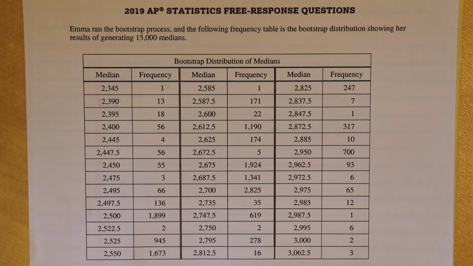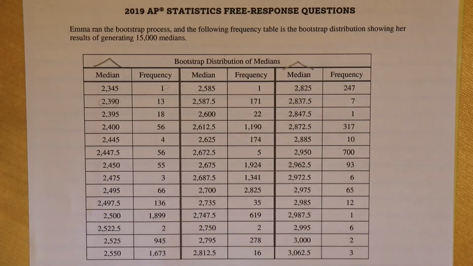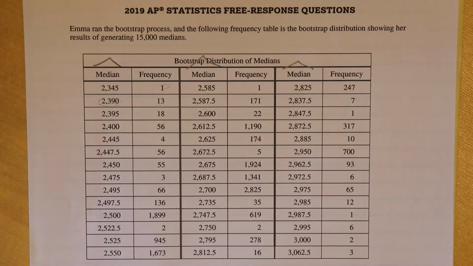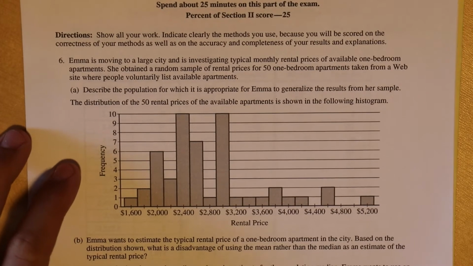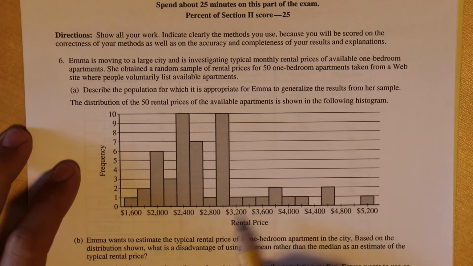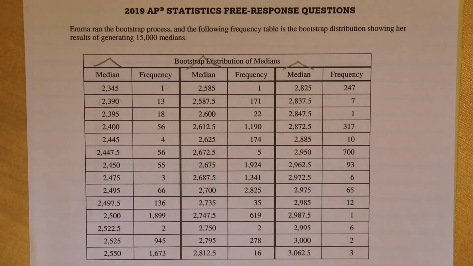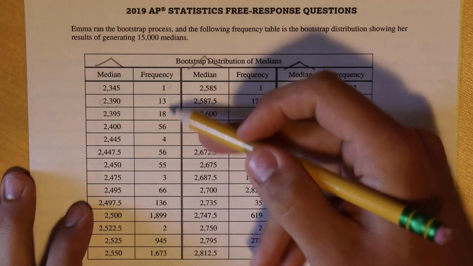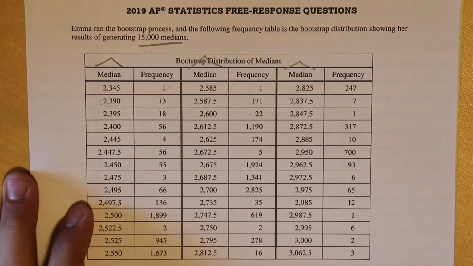So this is showing you all the sample medians, or the median hats, right? This is showing you how often a sample median occurred. And it may look something like this, but the way that this would be adjusted, it would say sample median rental price and then how often it appeared. So I know a few things. I know the frequency of all these medians will add up to 15,000 because that's how many there are.